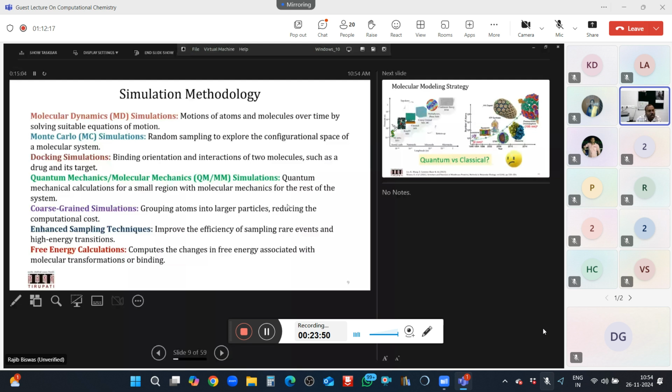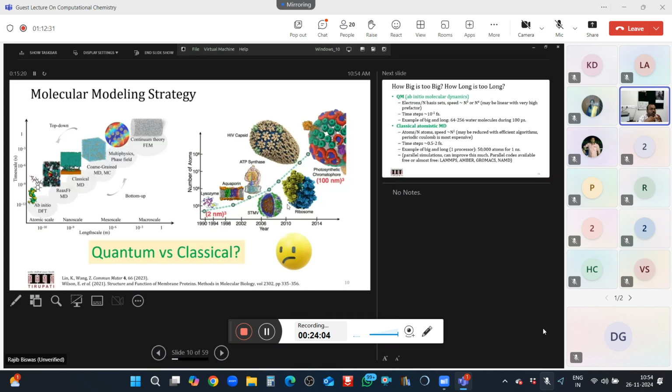There are many more simulation methodologies, as you can understand. I have just pointed out a few majorly used simulation methodologies in these slides. And what are the length scales and time scales we are talking about? If we are going for this ab initio or quantum level, we can go up to some picoseconds, a couple of hundreds of picoseconds, using a couple of hundreds of atoms, maybe 256 atoms.